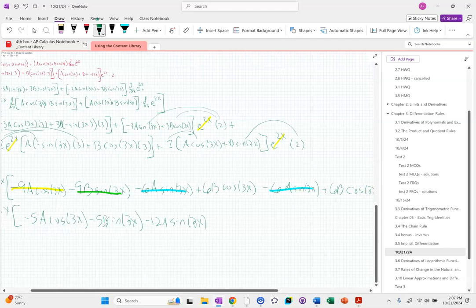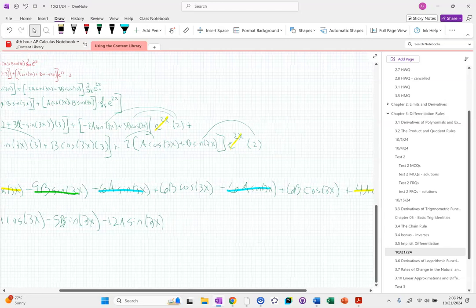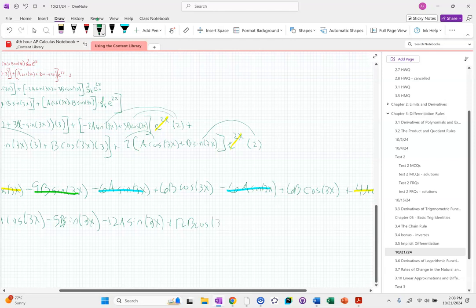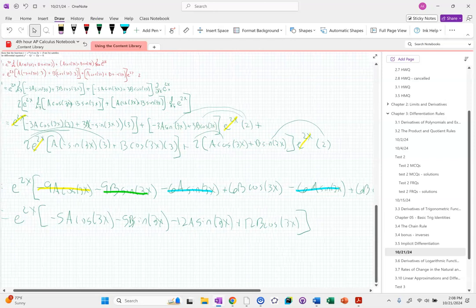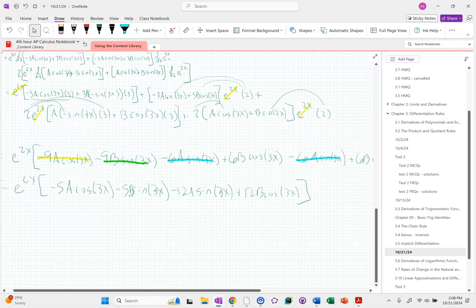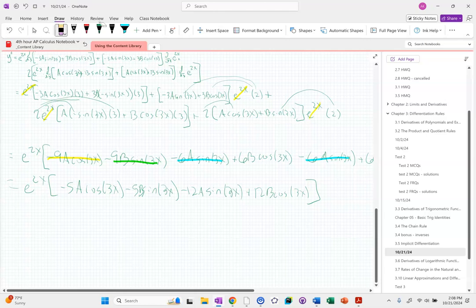Yes. Perfect. Thank you, Lucas. And then we have a plus 12b cosine 3x. All right, so that is our y prime, or y double prime, excuse me.